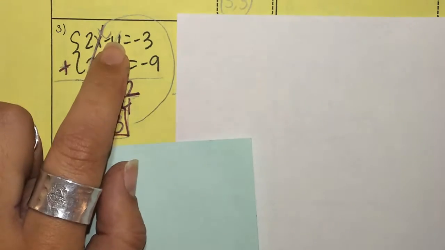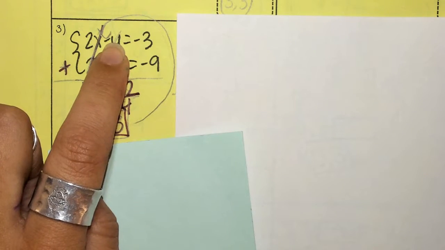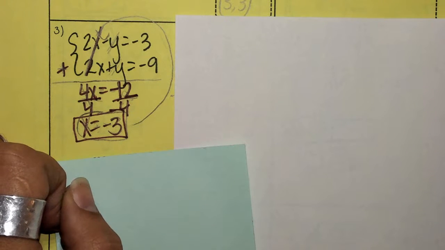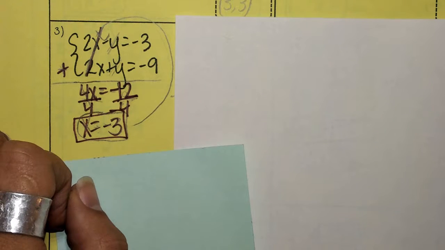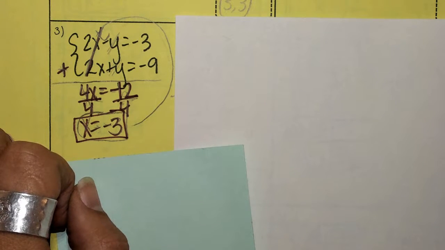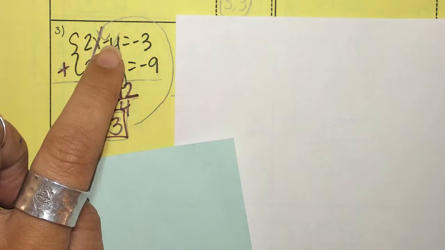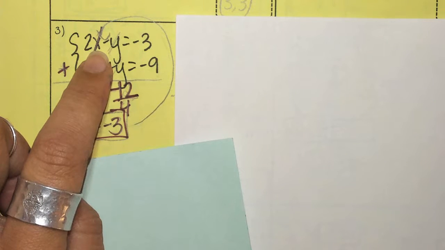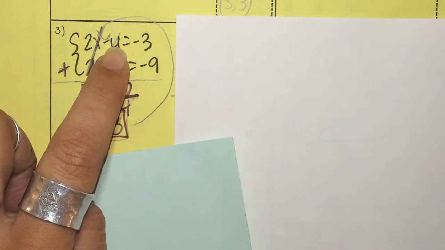So if you got negative 3 for y, did you plug it into the top? No. I got negative 2y equals 6, right? And then I divided it, and I got negative 3. Right. When you took your y, where did you plug it in at? That's the top, yeah. So you did 2x minus negative 3y equals negative 3. So then that makes it a positive 3.